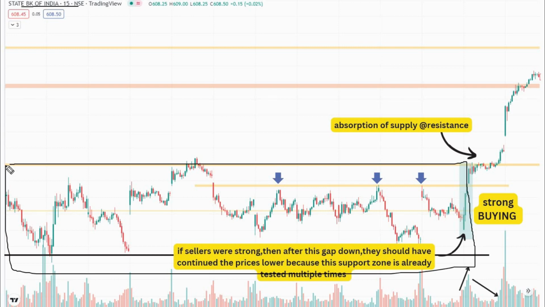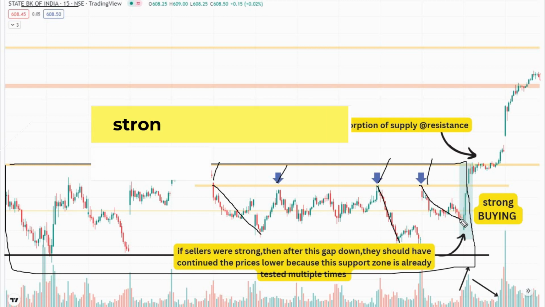In this range, sellers tried from here, here, here and here. Four times sellers tried to push the prices towards the downside. But what happened from here? Buyers pushed the prices up till here. From here, they pushed the prices up till here. From here, they pushed the prices up till here.